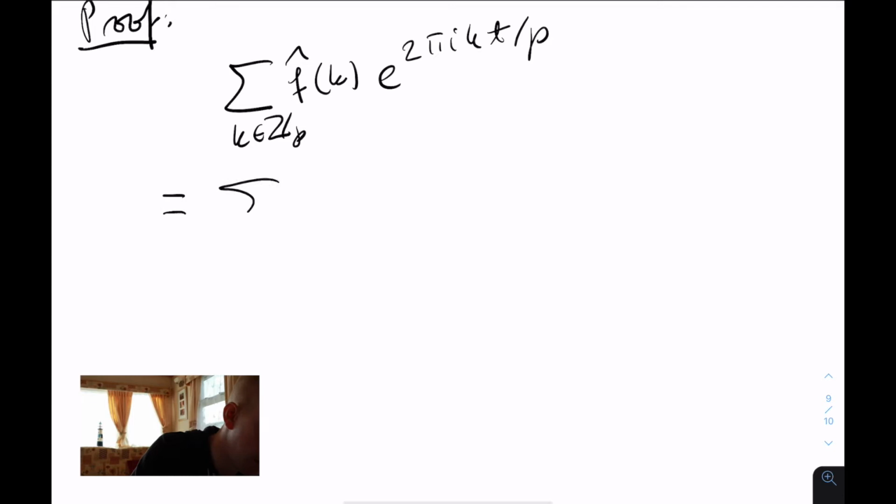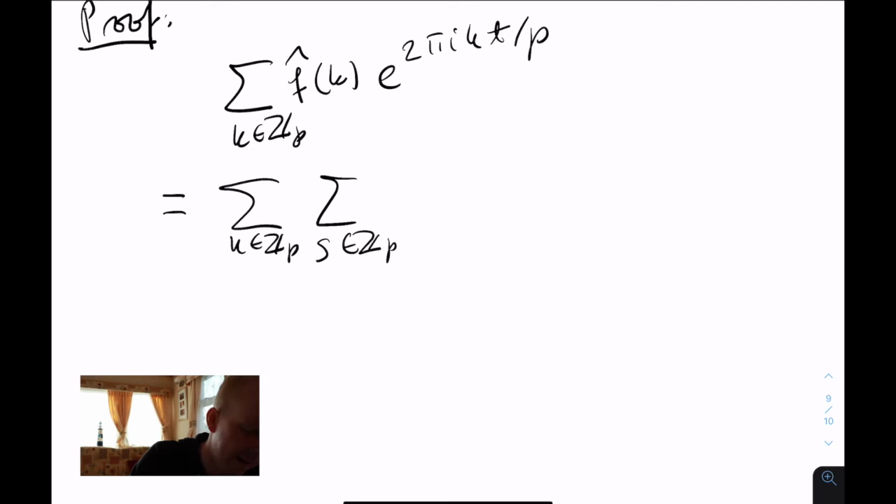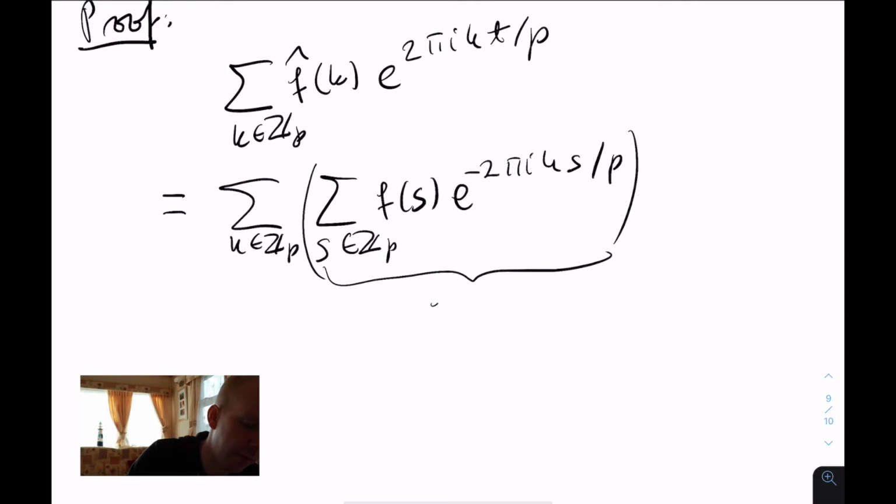So this is k in Z_p, and then this is a sum over s in Z_p, let's use an s here because that's the other one, of f(s) e to the power minus 2 pi i k s over p, which is the definition of the Fourier transform at k, and then you have e to the power 2 pi i k t over p.